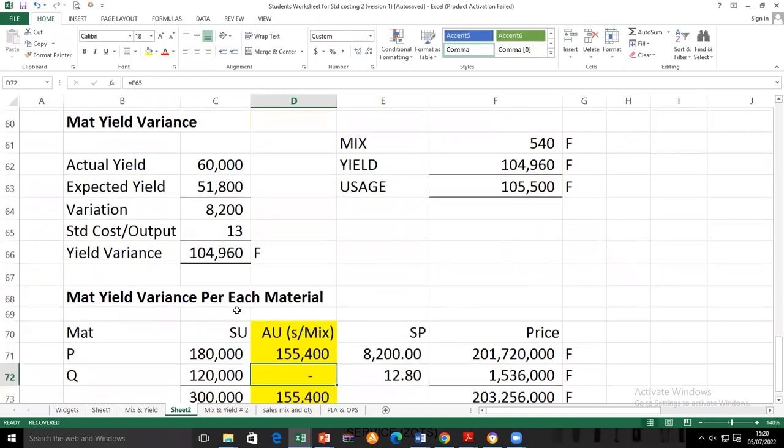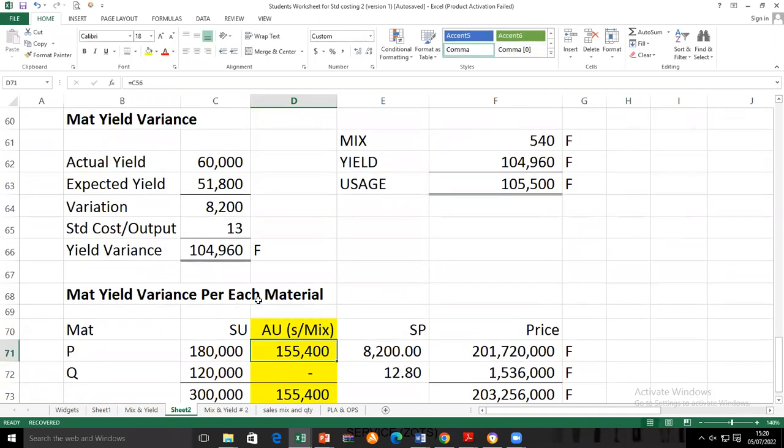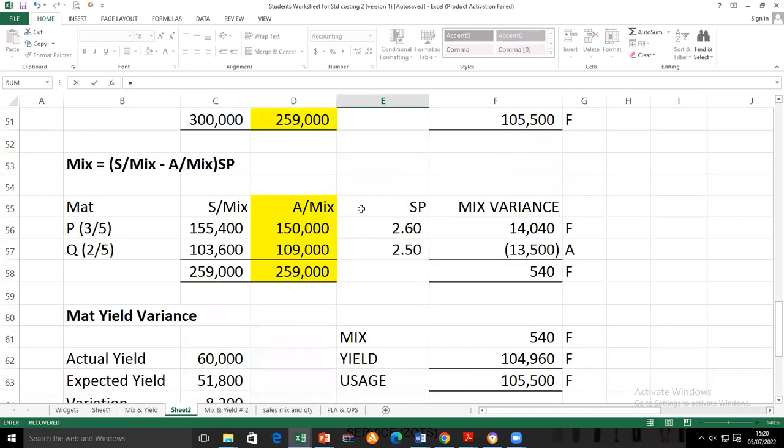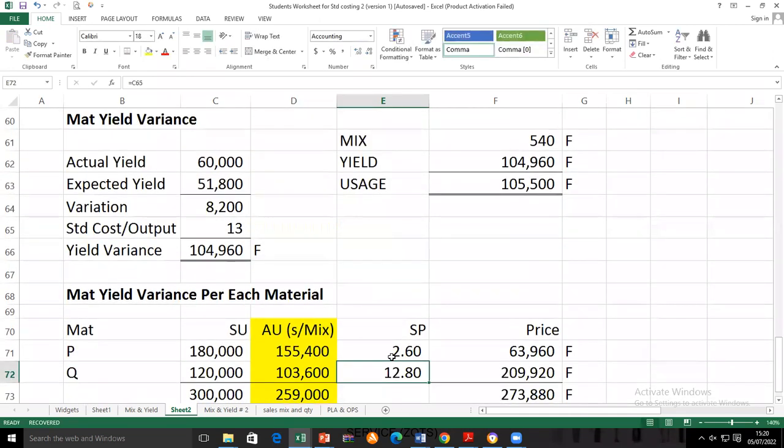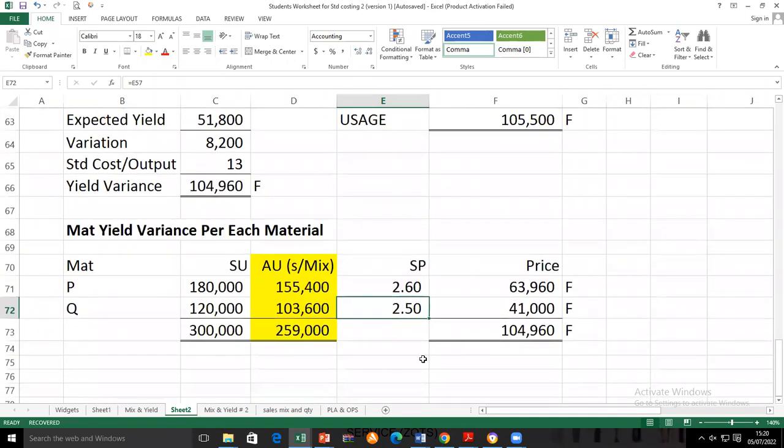This one here. Okay. Standard prices, you have the standard prices. It's here. Have you seen that it has balance? This has agreed with that.